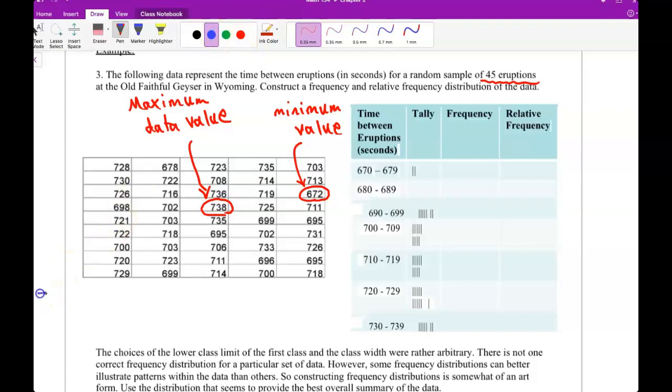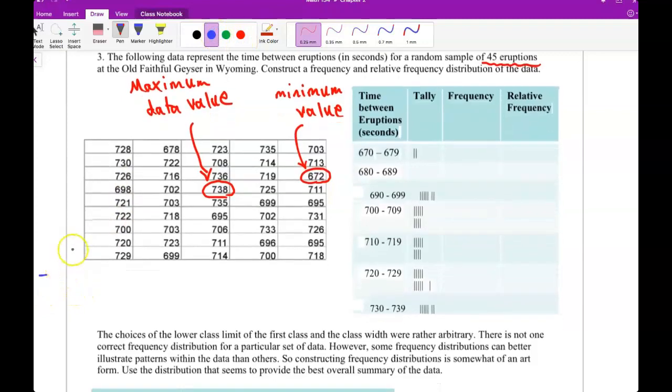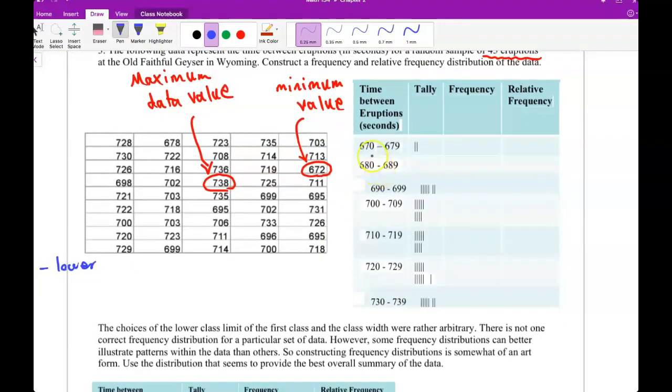The point is that when you want to construct all these classes, the lower class limit of the first class and the class width are arbitrary.